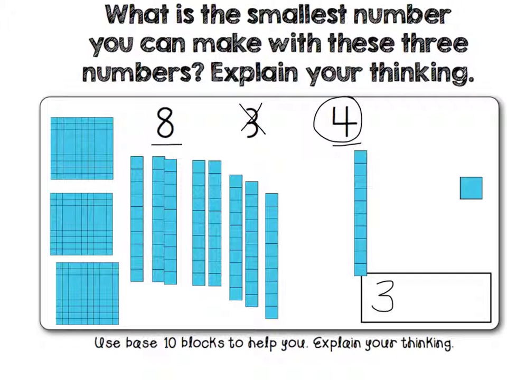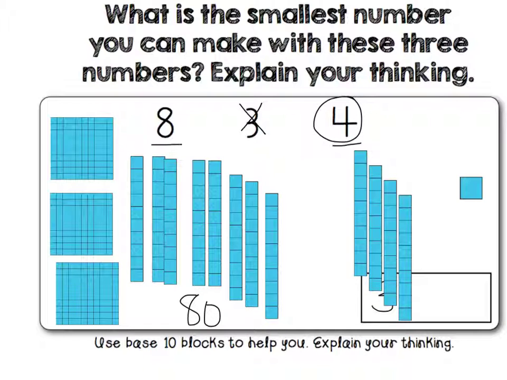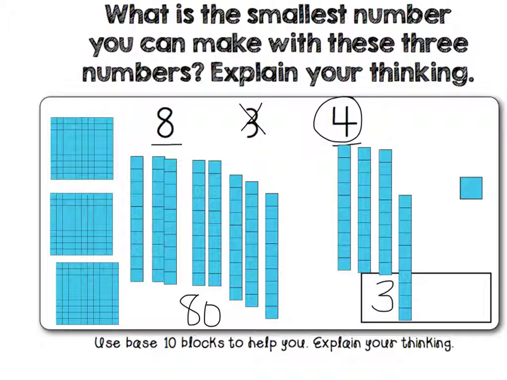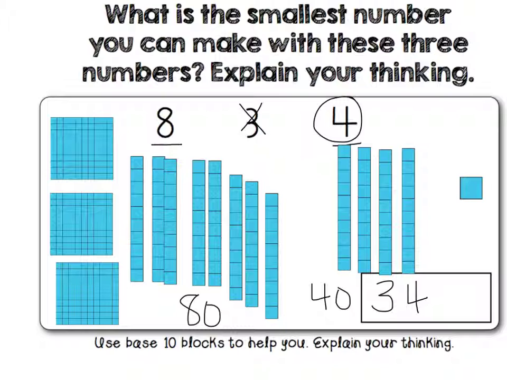Now let's try the 4. I've got 1, 2, 3, and 4. Let's count those. 10, 20, 30, 40. Which number is the smallest number, 80 or 40? And that would be 40. So I was correct in thinking that 4 would come next.